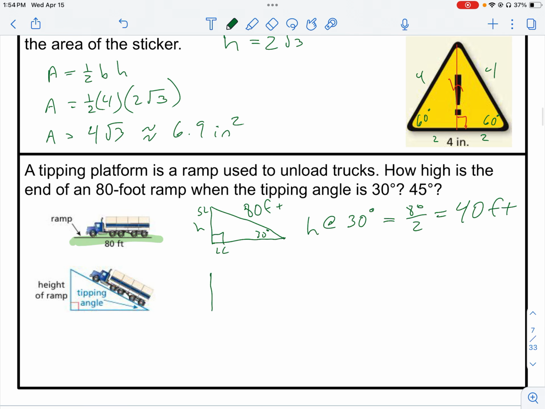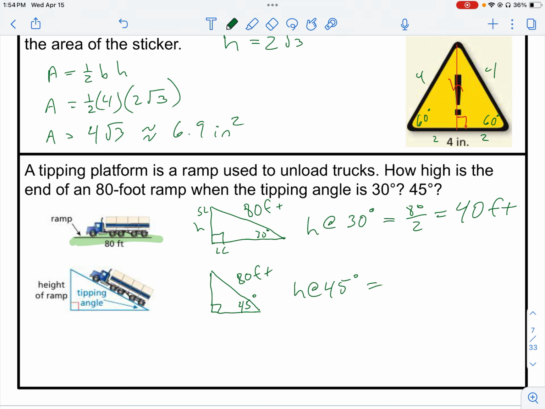So what happens if I raise it further to a 45-degree angle? Well, still square to the ground, so I have a 45, 45, 90. My ramp's still 80 feet long. So what's my height at 45 degrees?